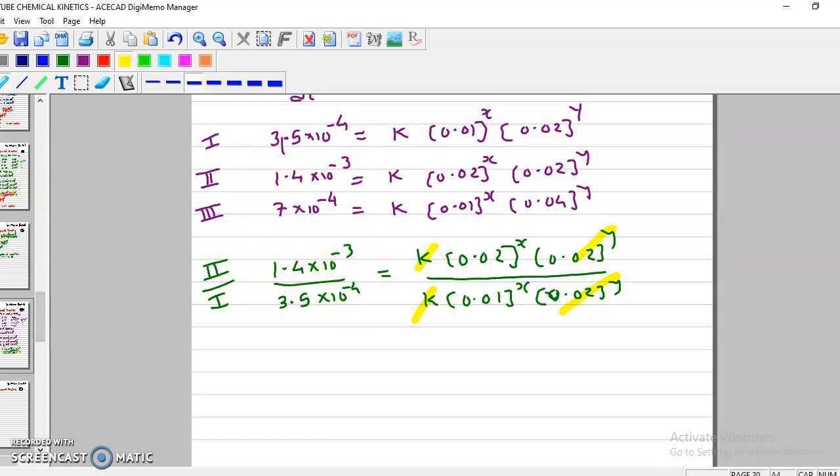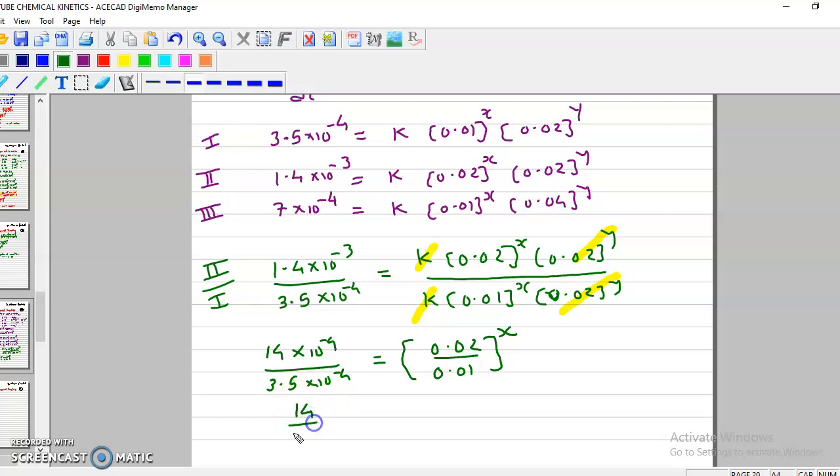If you want to change it into 10 raised to minus 4, then it's very simple. Here we can take this as 14 into 10 raised to minus 4 upon 3.5 into 10 raised to minus 4 is equal to 0.02 upon 0.01, raised to X. So here 10 raised to minus 4 will be cancelled, and 14 upon 3.5 is 4.